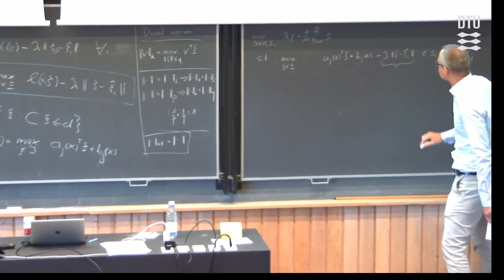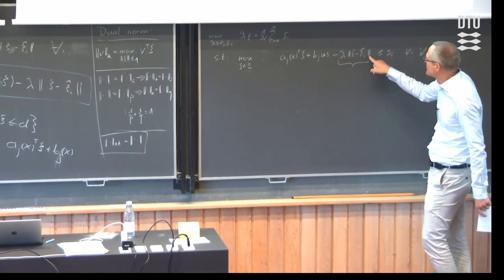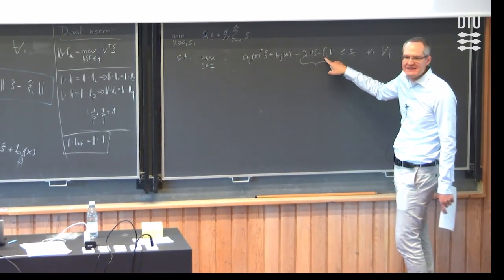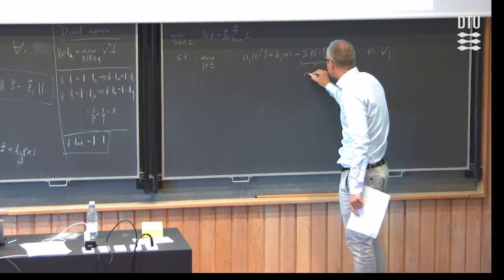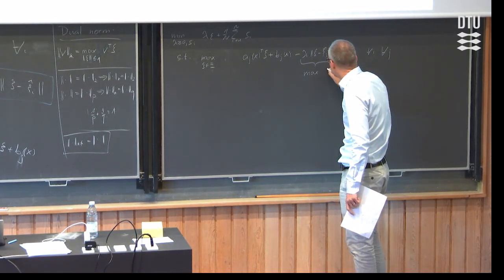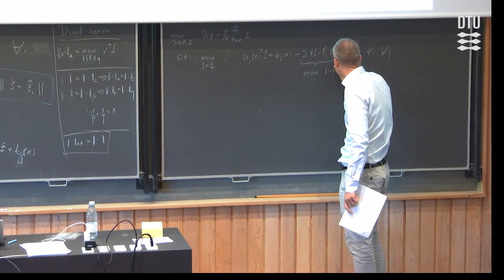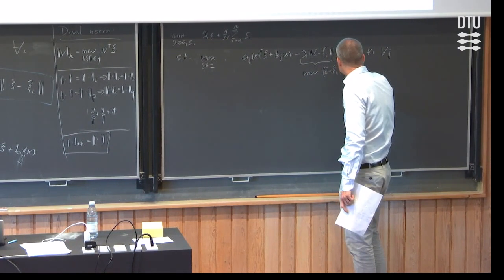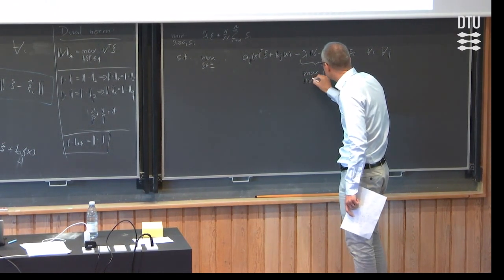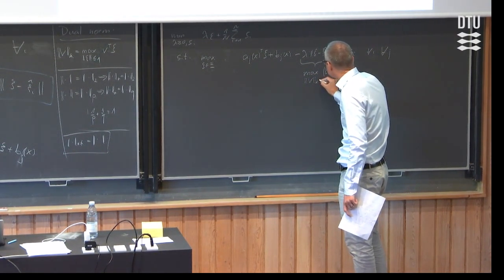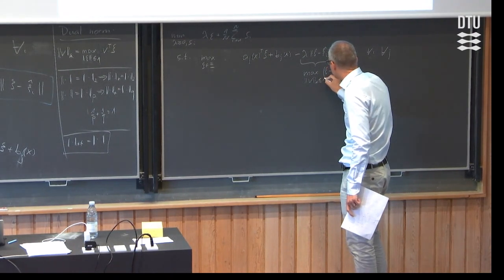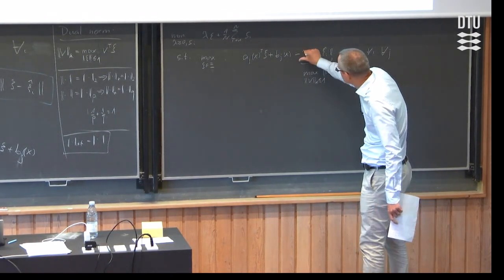And this means that if I have the norm of a vector xi minus xi hat i here, I can write this as the maximum of xi minus xi hat i transpose v, where I take the maximum over all v with a dual norm of less than or equal to 1. Okay, that's this thing.